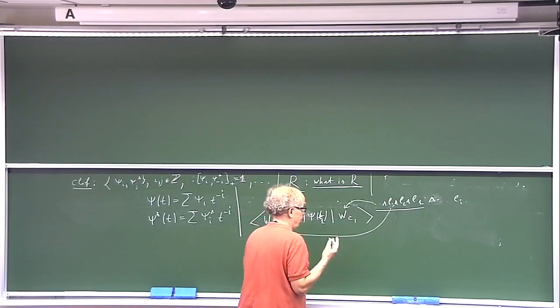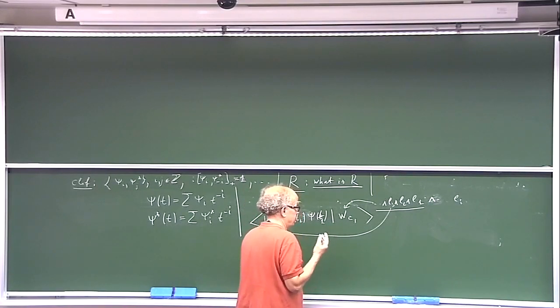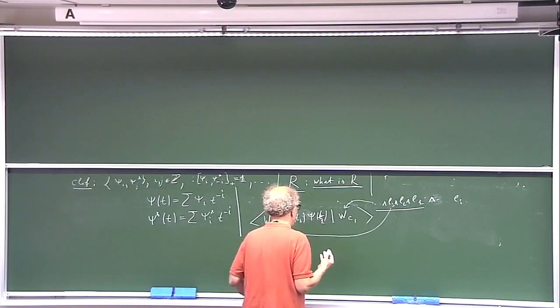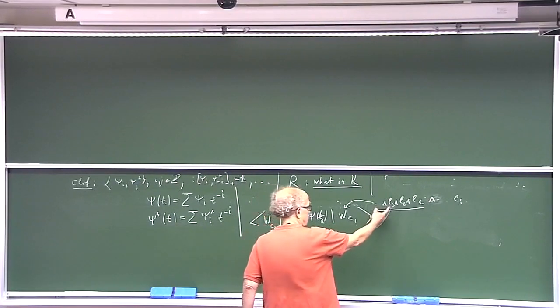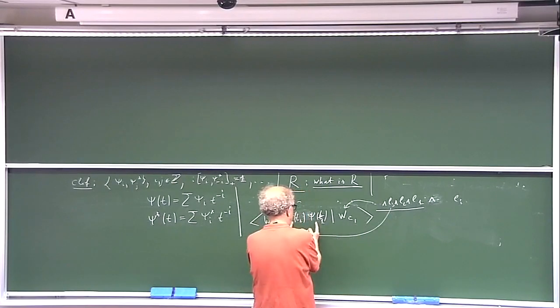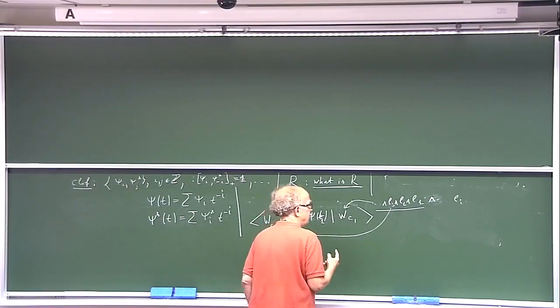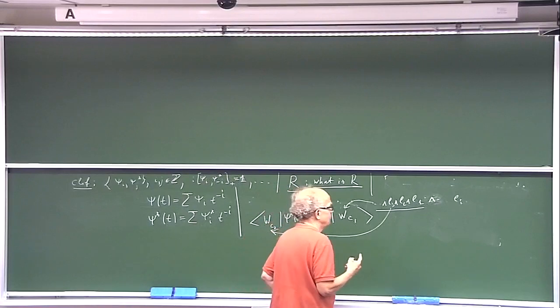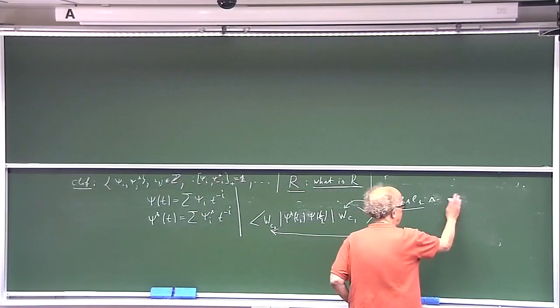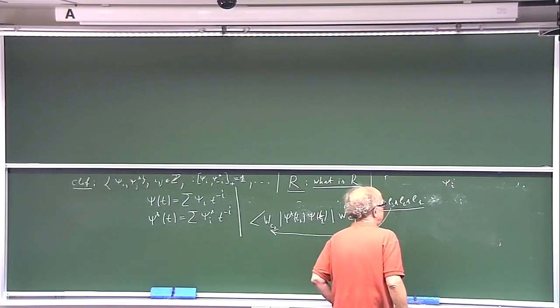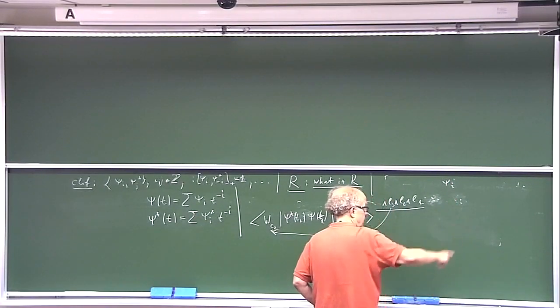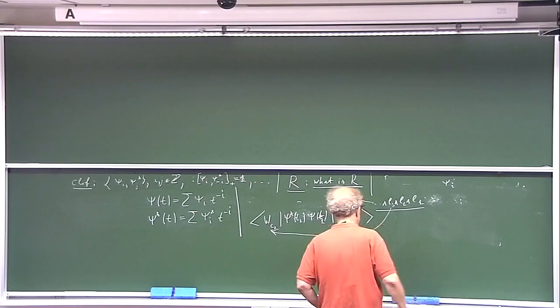Now I have in my vector space the basis, and so I can calculate what this is. If they are the same element, a non-trivial element here can appear only if I take e_i, which means that I apply psi_i, following my definition.